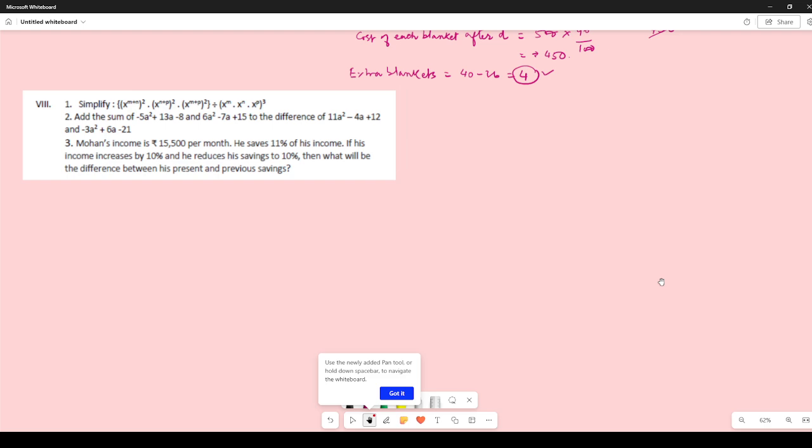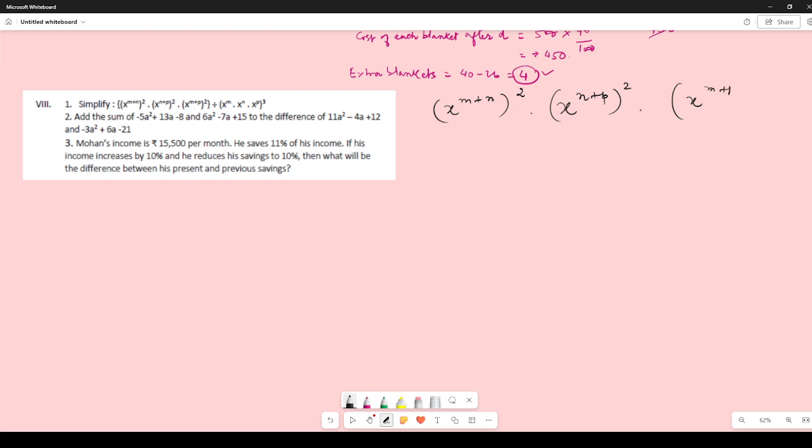Simplify x, let me write it this way over here so that you are able to see it clearly. x to the power of m plus n whole square into x to the power of n plus p whole square into x to the power of m plus p whole square divided by x to the power of m into x to the power of n into x to the power of p whole cube.